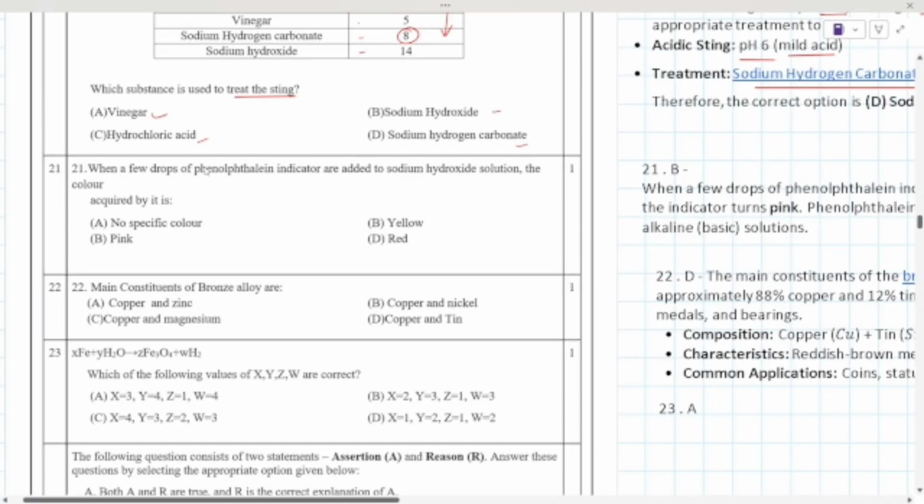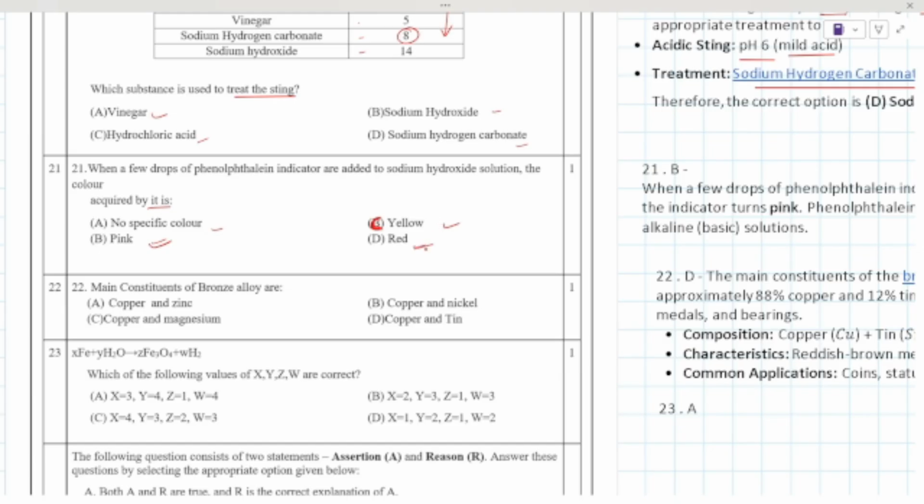Now, when a few drops of indicator are added to the sodium hydroxide solution, the color acquired by each is? Options: no specific color, pink, yellow, or red. Here the indicator is phenolphthalein.